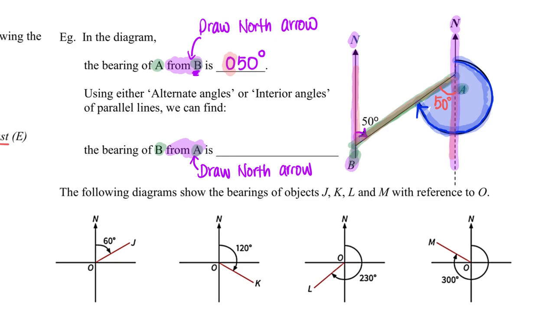There is also a 180 degrees here, so the bearing of B from A will be 180 plus my 50 degrees from the alternate angle, to give me a final answer of 230 degrees. Alright. And now with more examples.